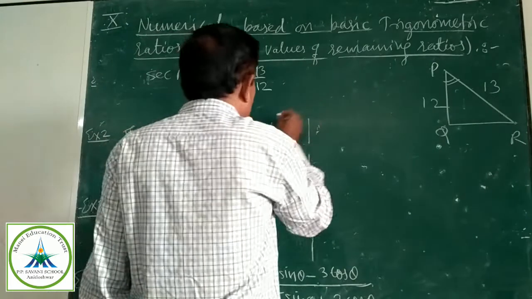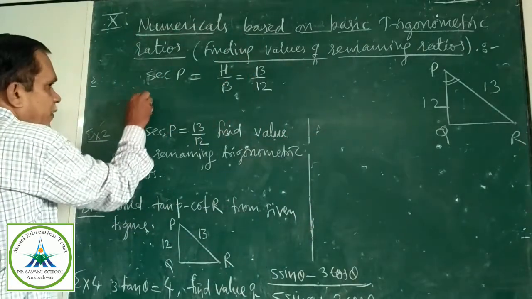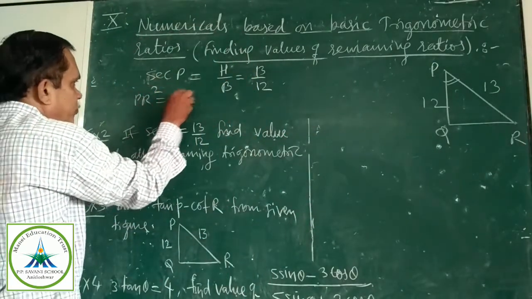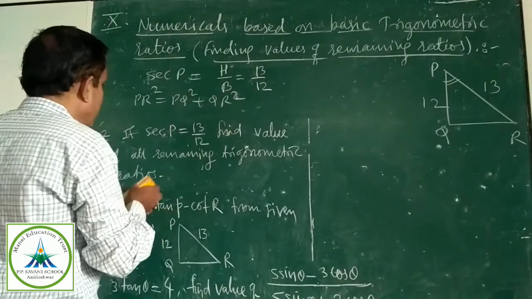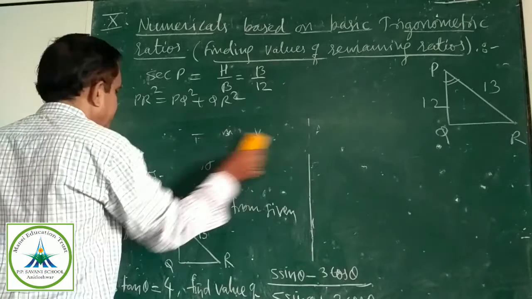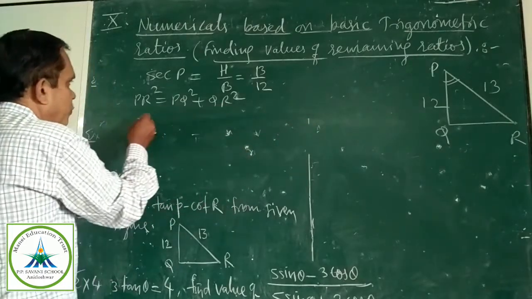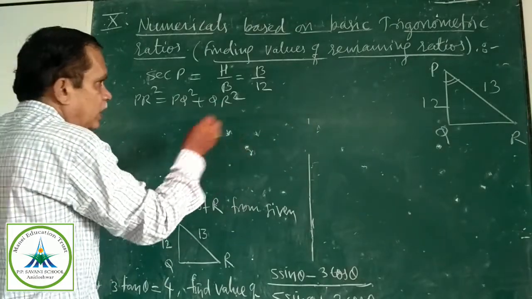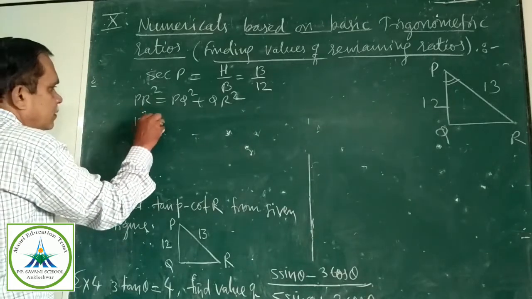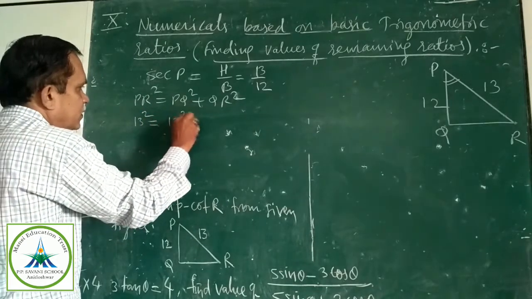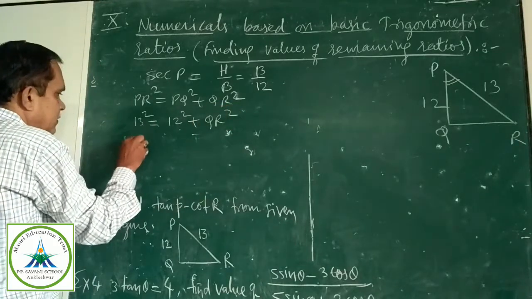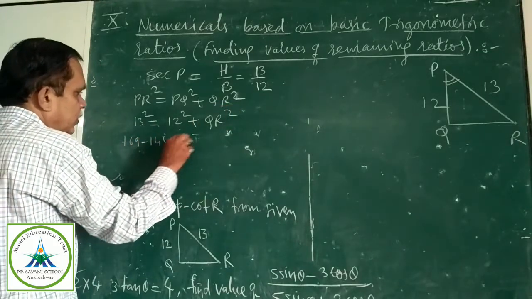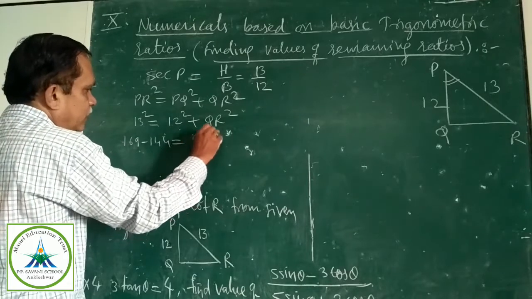Now see, we know PR square equals PQ square plus QR square. Okay, children, see, now putting values: PR is 13 square, PQ is 12 square, plus QR square. So 169 minus 144 equals QR square.